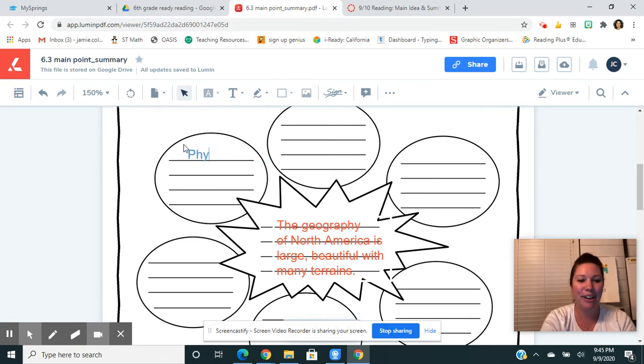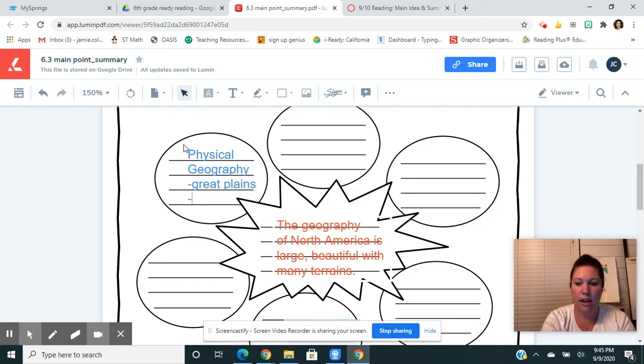Let's go ahead and put physical geography. I'm going to have to put it on the next line because it's taking up so much space. And then I would put, for instance, the Great Plains.